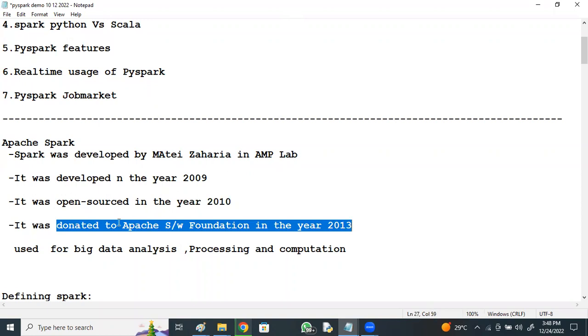And this is used for big data analysis, processing, and computations.